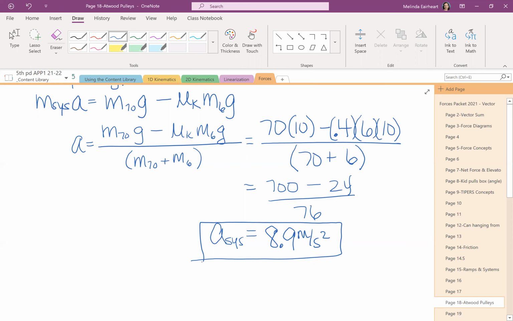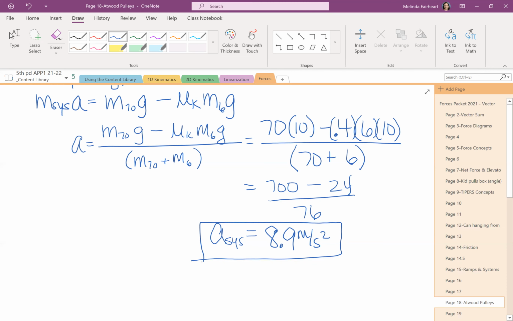Now, they don't tell us to, but I want us to get just a little bit of practice. Don't worry, it's easy at this point. Compare the tensions. The tension when it was at rest, the tension during acceleration. I've been saying they're a different number. Can we prove it?